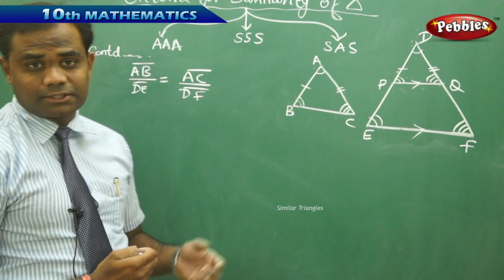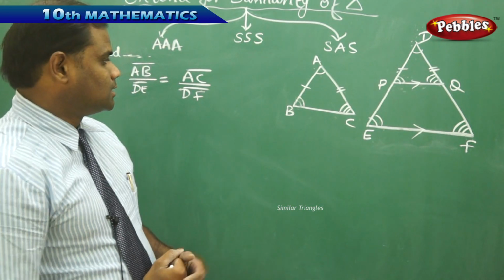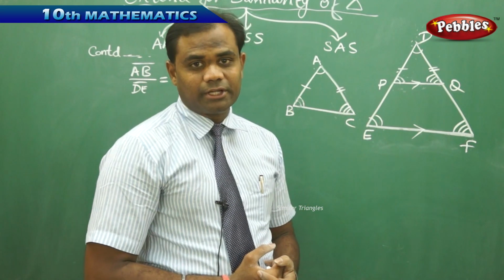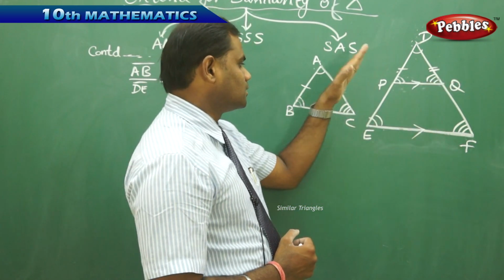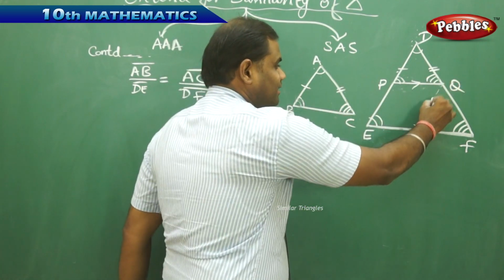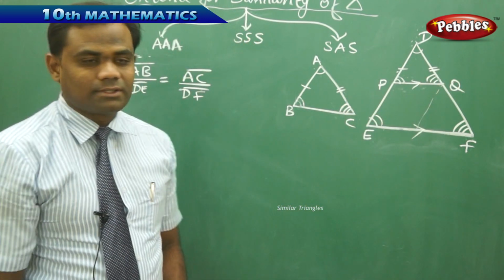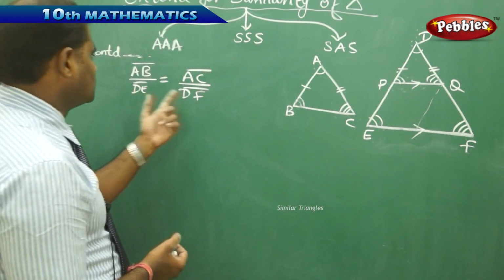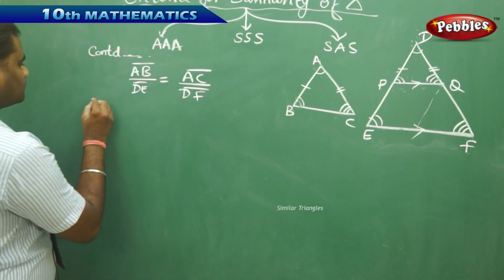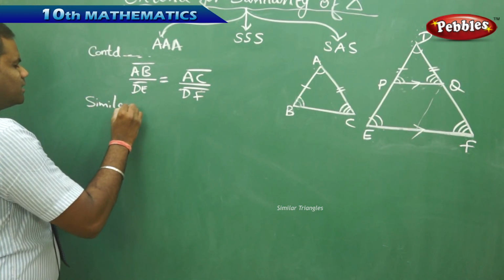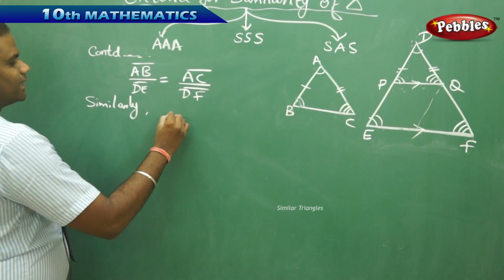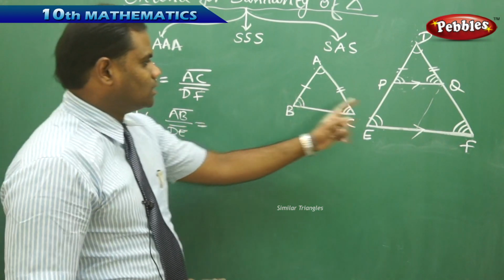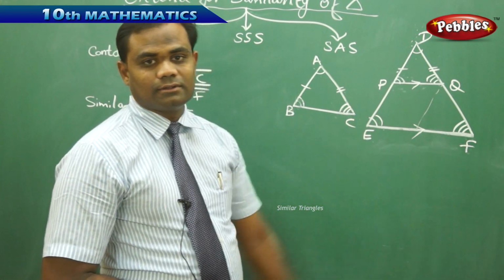Similarly, obviously the third side will also be in the same ratio, because if I take the same parallel property in this manner, if I draw a parallel line like this and use similar properties, I can show that BC by EF is equal to the same fractions. Proceeding similarly, I get AB by DE, which is also equal to BC by EF.